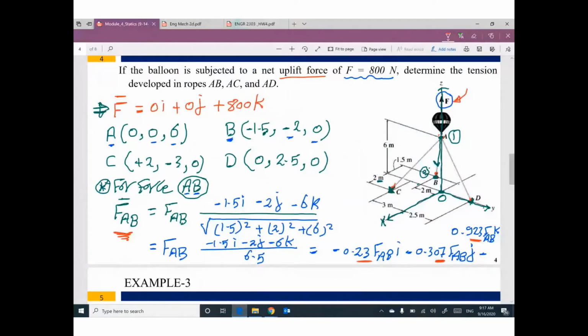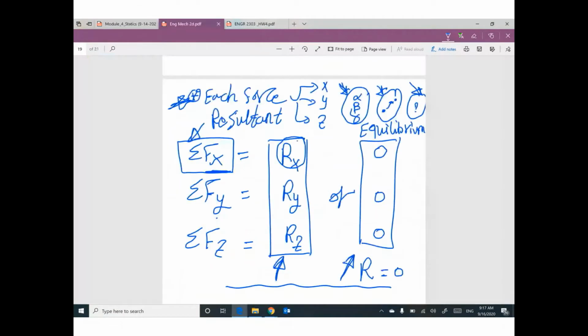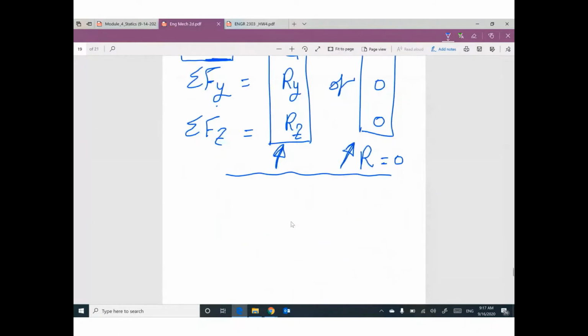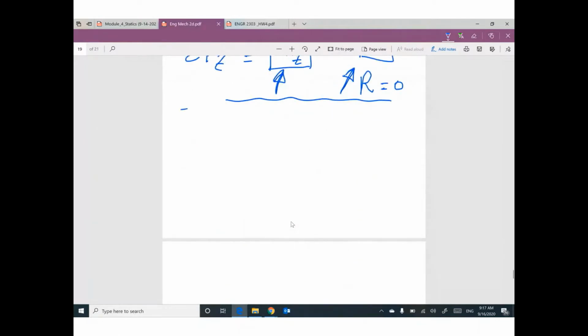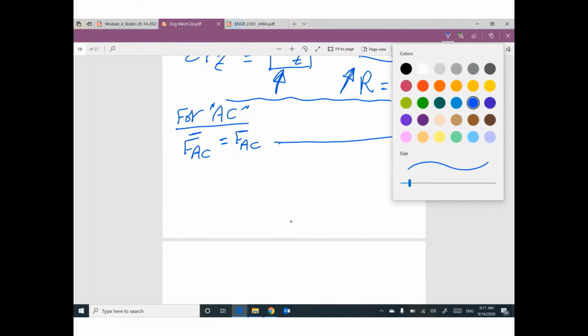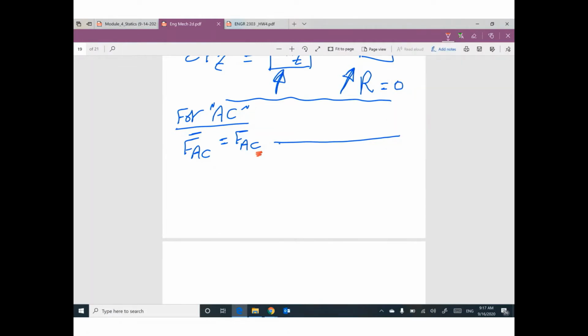The second force, I'm going to figure out the components for AC. If AC as a vector equals FAC, remember, coordinates of point C minus coordinates of point A. A is the first point, C is the second point.